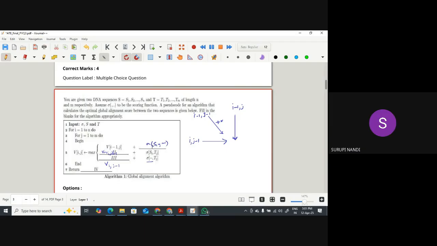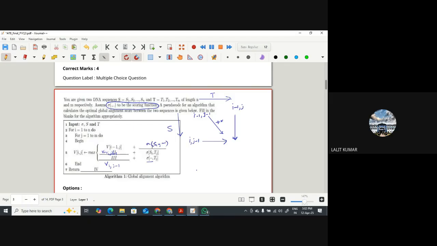Can you explain how you got the sigma value again? Sigma is the scoring function, some scoring function. If s_i and t_j are matching, this is the scoring function between s_i and t_j.